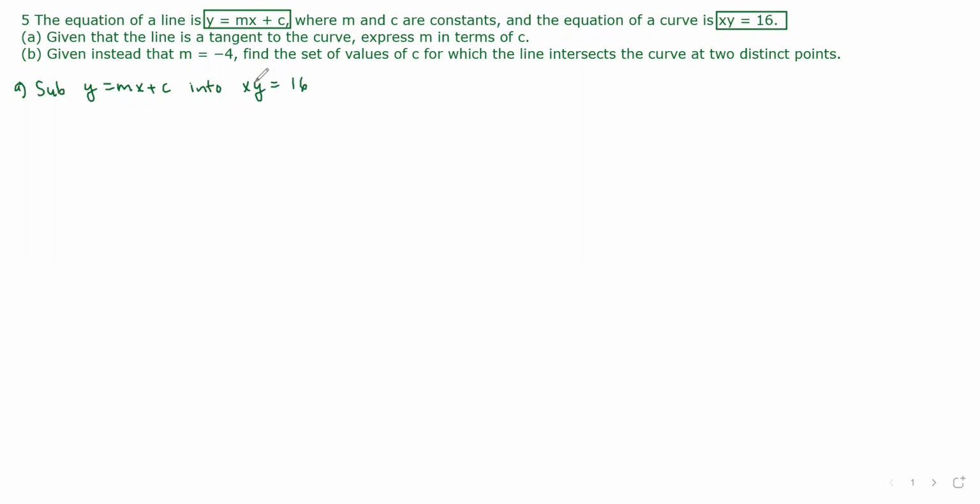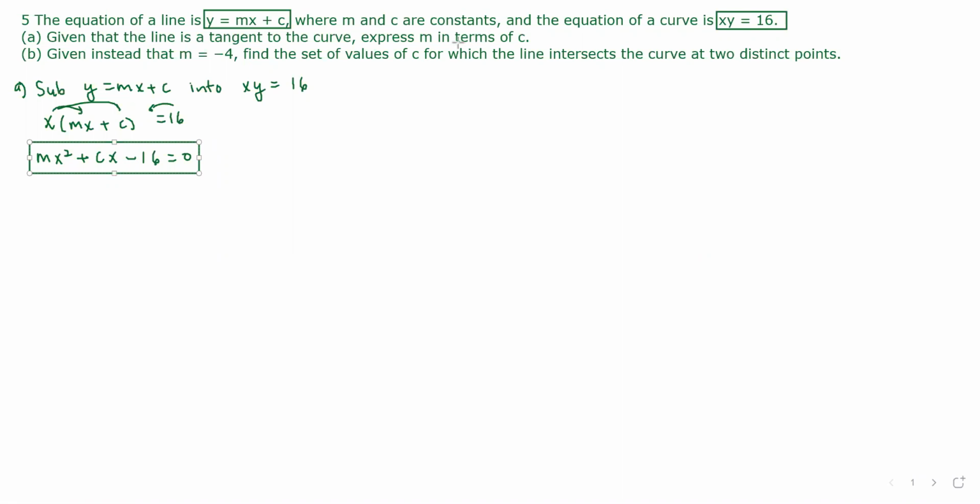You replace y with mx plus c, and that gives you x(mx plus c) equals 16. Now distribute the x, so that's mx squared plus cx minus 16 equals 0. You can move the 16 over as well. That gives you a quadratic equation.